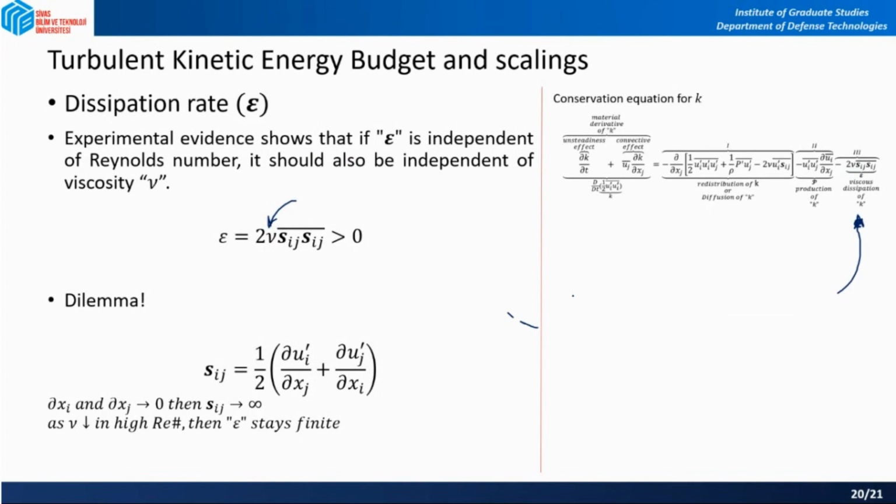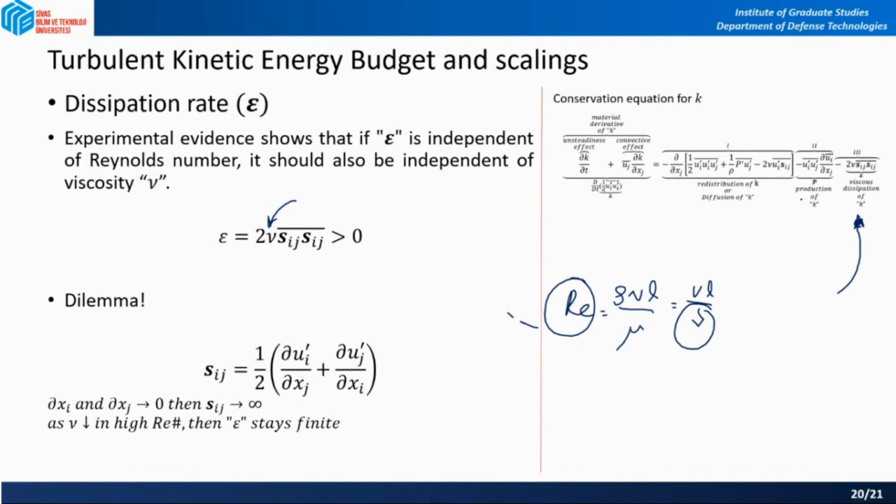You know that Reynolds number is rho VL over mu, or VL over nu. So Reynolds number is directly related to the nu, which is there inside the epsilon definition. So what's the problem?